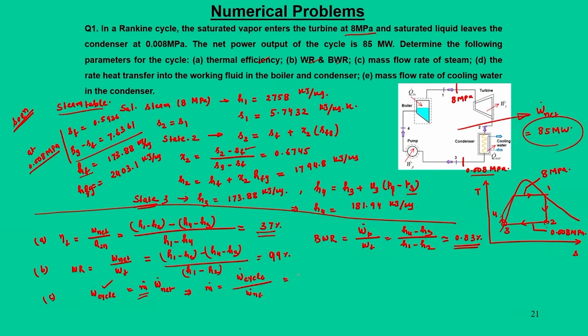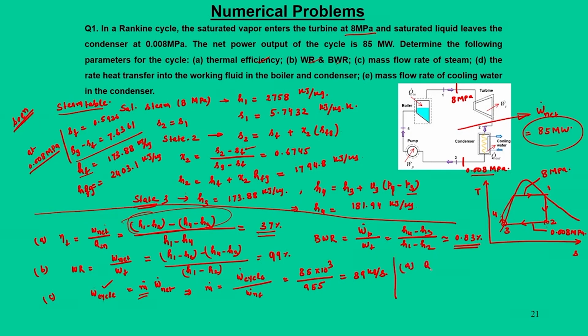So, we have all the information, cycle net work we know, and we know the cycle work, which is 85 into 10 to the power 3 divided by net work is 955. So, this is nothing but the term 1, denominator part of this. So, this number would be 89 kg per second, and rest of the things we can find out.